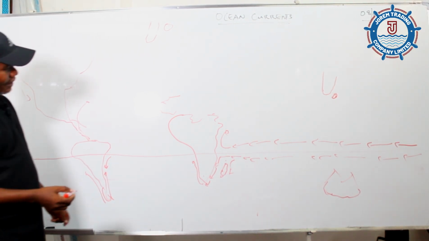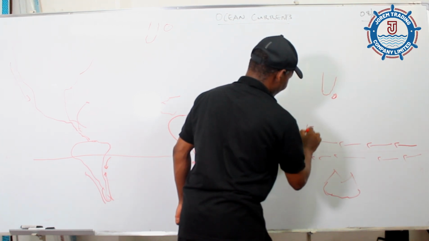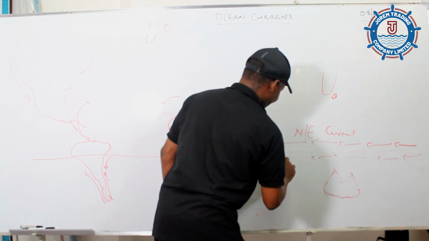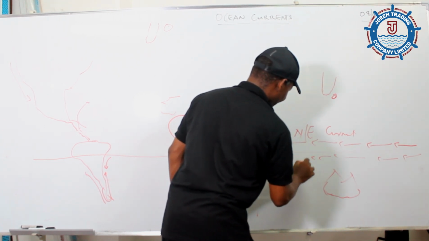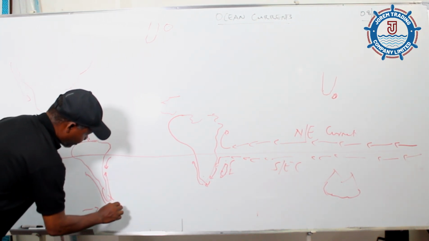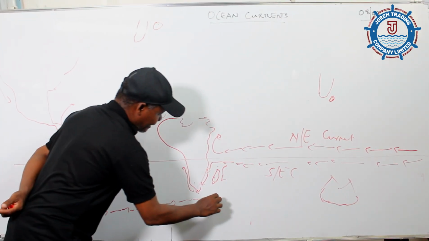Almost. So this one is the North Equatorial Current. And this one, the South Equatorial Current. And we have another current down here, going all the way below Africa to Australia.